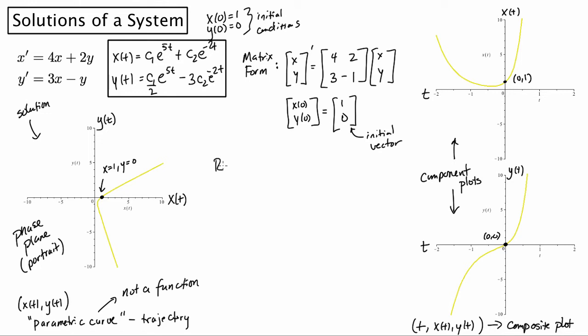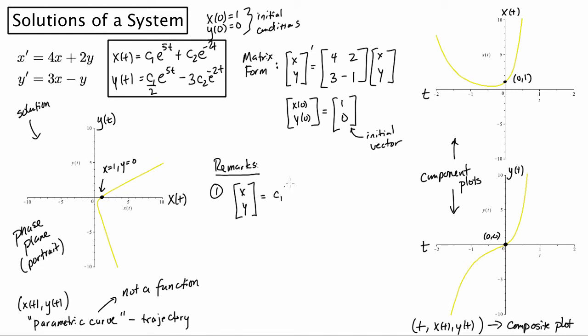So I have a couple of remarks that I want to make here about what's going on. The first is I want to write my solution, the solution that I have here, in a different form. And so I want to treat the solution as if it were a vector. So this would be the vector xy equals, and I want to break out the c1s and the exponentials and then just have a vector of the constants that show up.